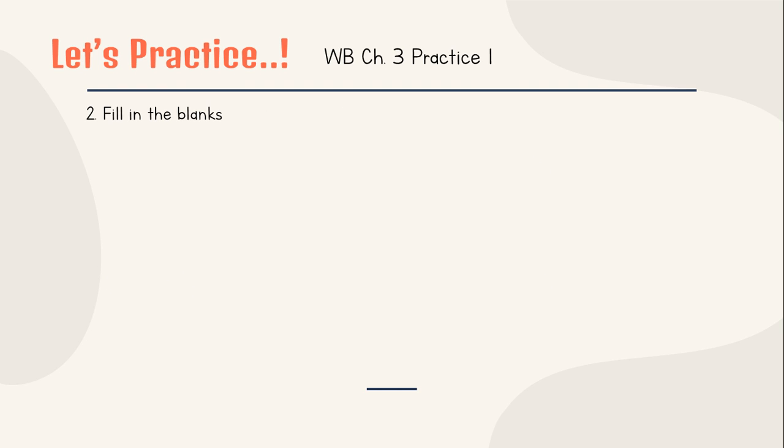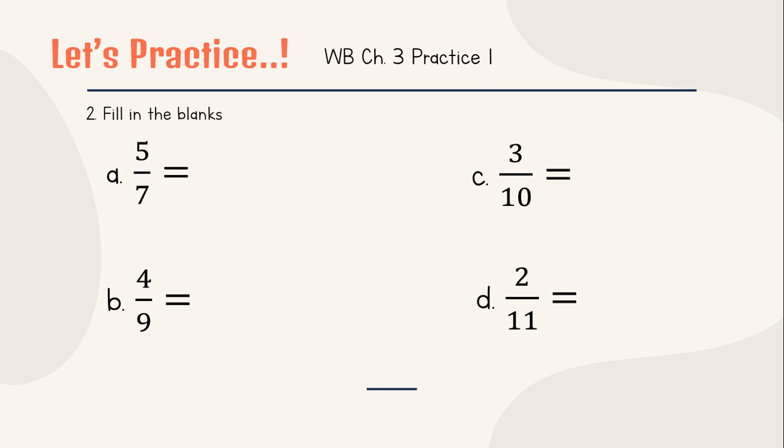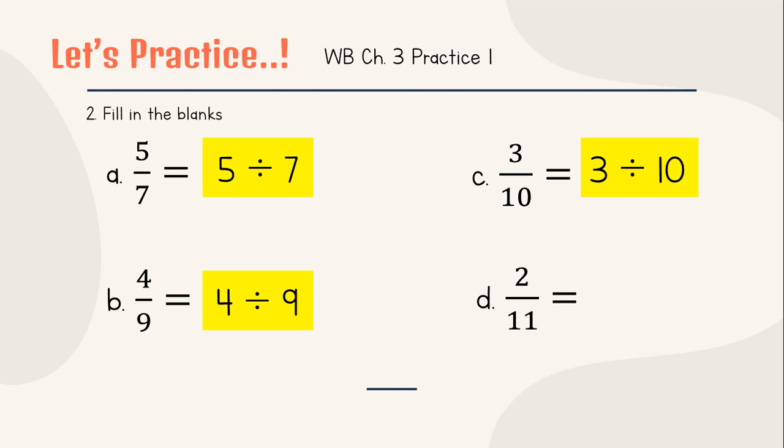Go to the next. Fill in the blanks. Before that, we turned division form into fraction form. Now we will turn fraction form into division form. So 5 per 7. What is the division form for this one? 5 divided by 7. 4 divided by 9. 3 divided by 10. 2 divided by 11.